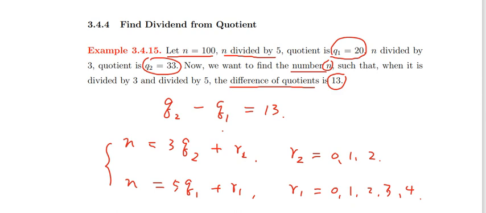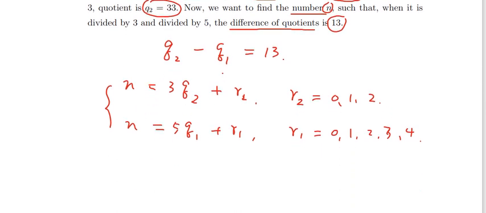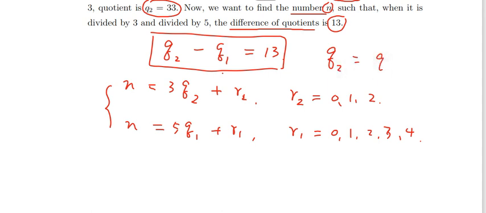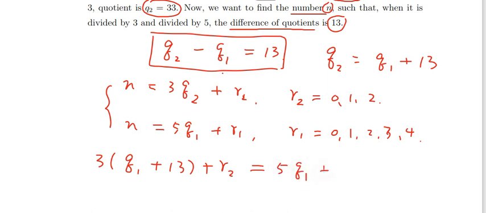The information we have is just Q2 minus Q1 equals 13. So we can replace Q2 with Q1 plus 13. Just plug it in: 3 times (Q1 plus 13) plus R2 equals 5 Q1 plus R1.